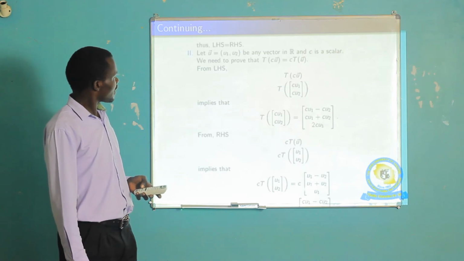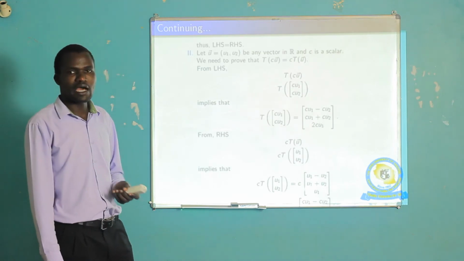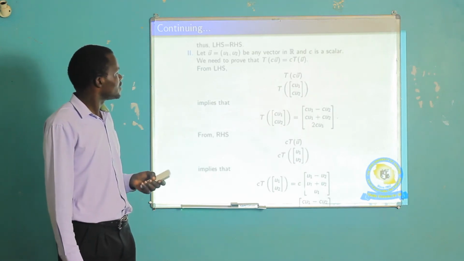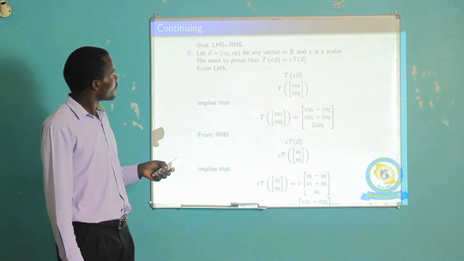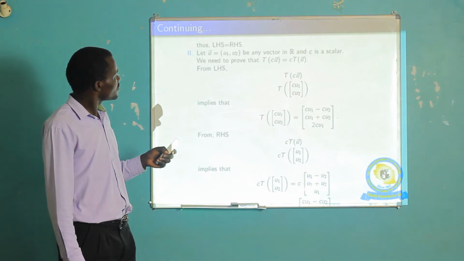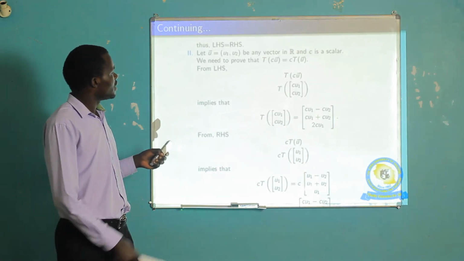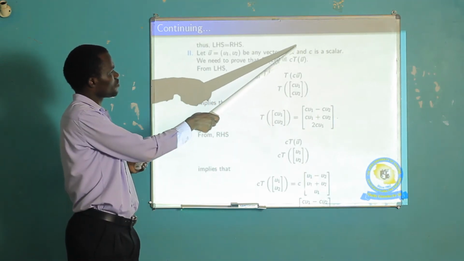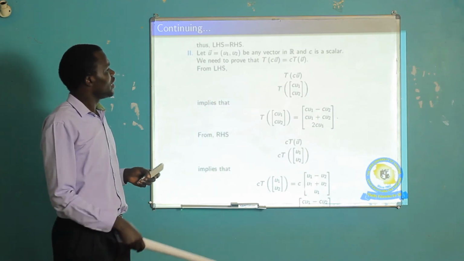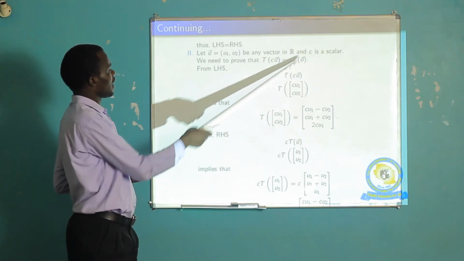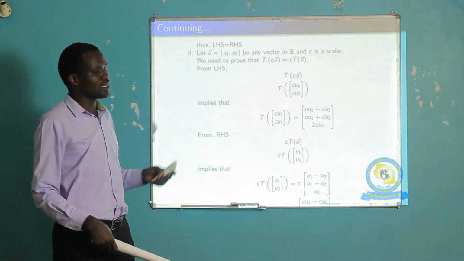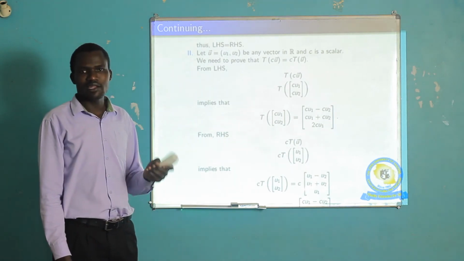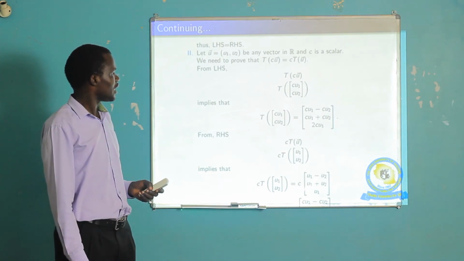Okay, the second axiom, we have just one vector, which is u, a vector in R, which we have to make specific, and c is a scalar or a real number. We need to prove this one. Also, we can start from the left hand side and then go to the right hand side.